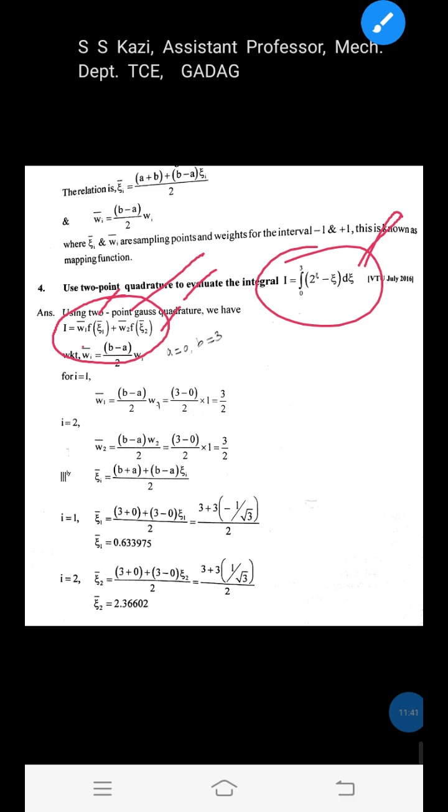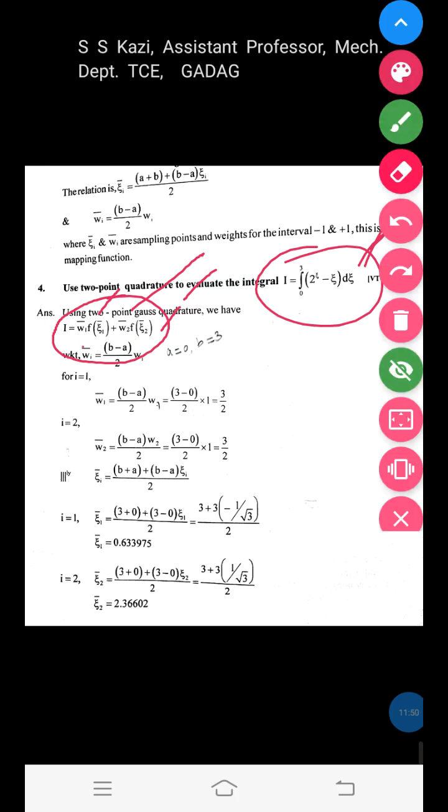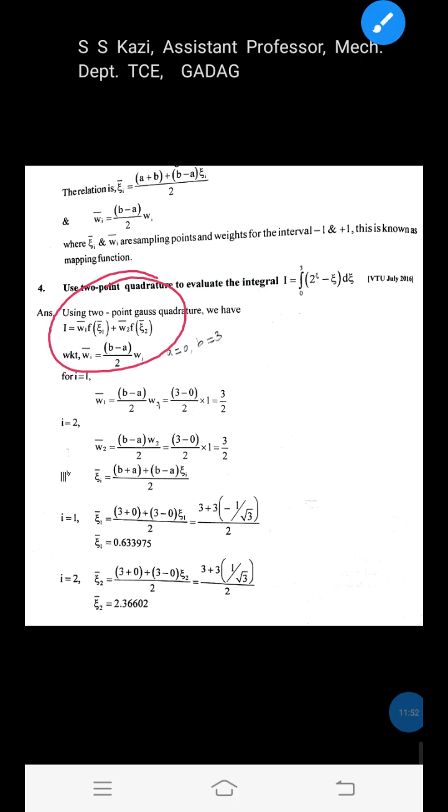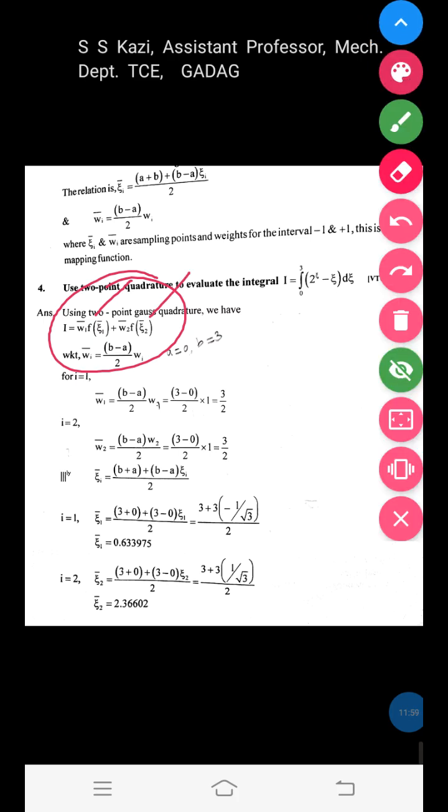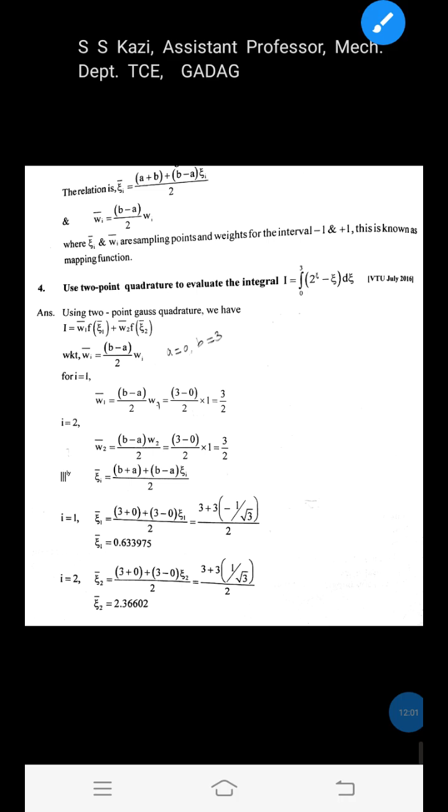Since we are evaluating this integral using the 2-point method, we should use 2 sampling weights and 2 sampling points. Now first you write the formula: I is equal to w1 bar into f of zeta 1 bar plus w2 bar into f of zeta 2 bar. First you calculate w1 bar and w2 bar separately.